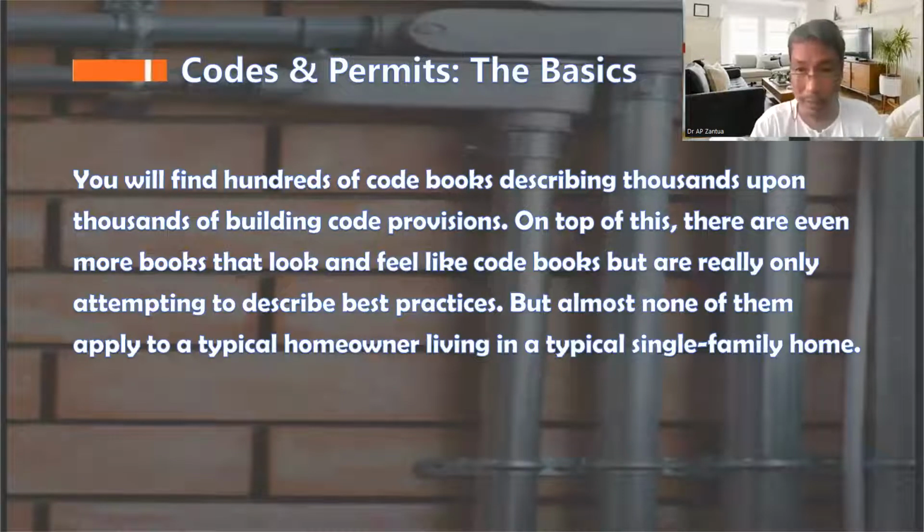There are several types of occupancy. We cannot discuss everything in one semester. So I will just present one or two types of occupancy, like residential, single and two family dwelling residential. That is one.